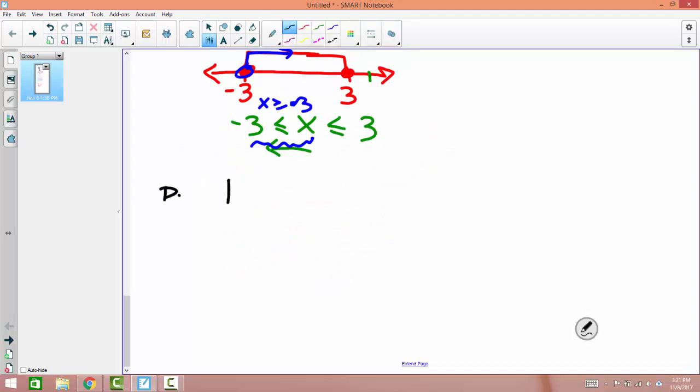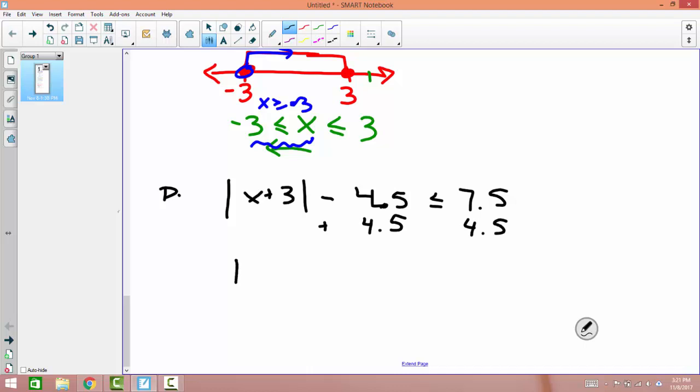Letter D on this page is the absolute value of x plus 3 minus 4.5 is less than or equal to 7.5. So your first step is to isolate the absolute value. You would add 4.5 to both sides. The absolute value of x plus 3 is less than or equal to 12.